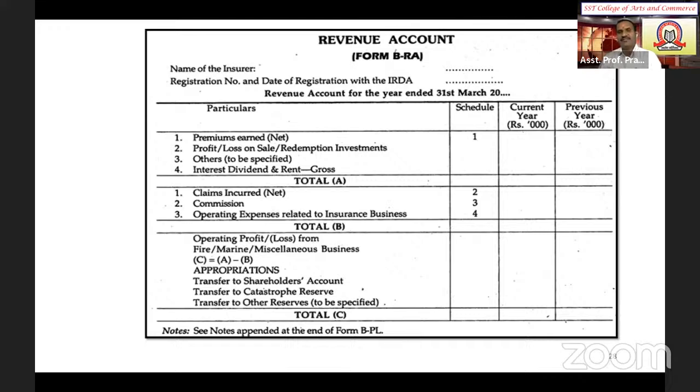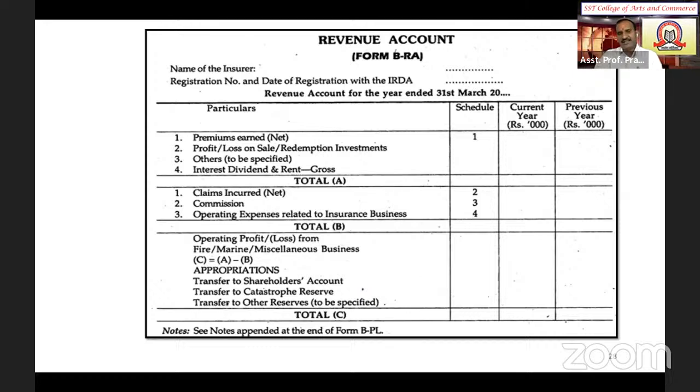If you have deducted income tax deducted at source, it will be shown net. On the expense side, claims incurred is schedule number 2. Commission, schedule number 3. Operating expenses related to business, schedule number 4.